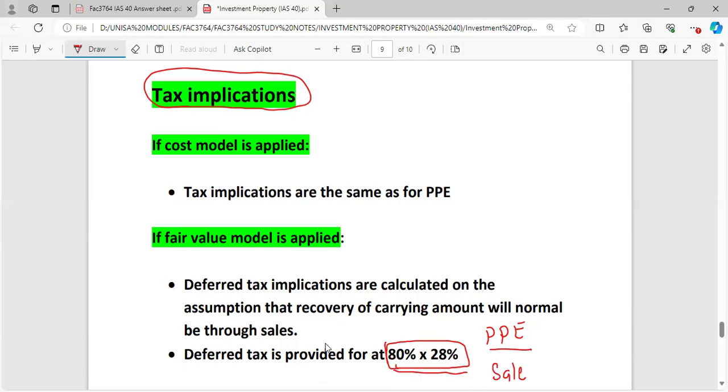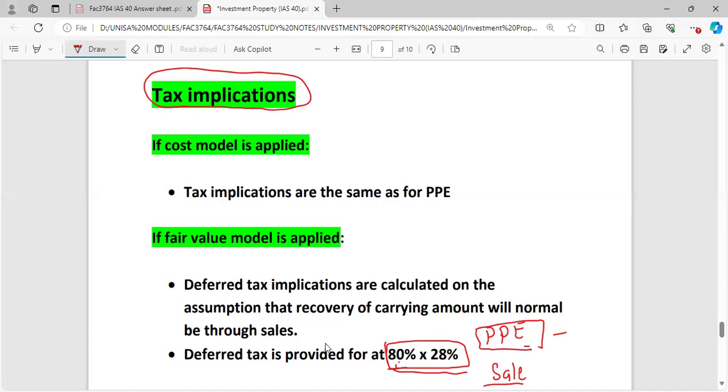That's why it attracts capital gains tax. But with a PPE asset, we can have a situation where the asset depletes to nil without us getting any cent from it. So we don't guarantee that there is going to be a capital gain, and SARS will not guarantee that they will get something out of this.